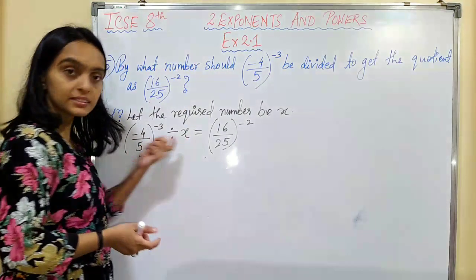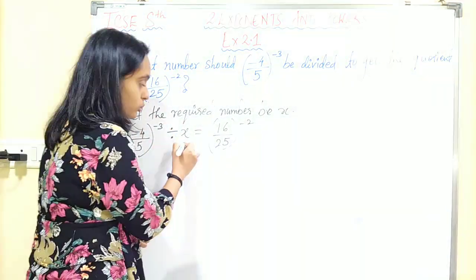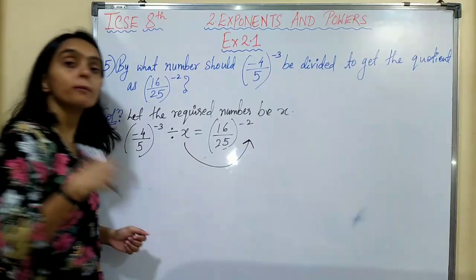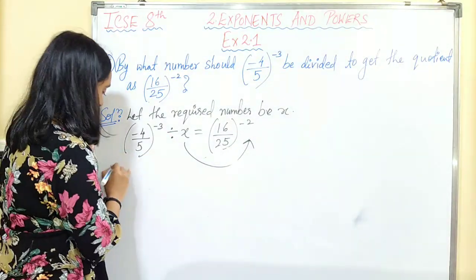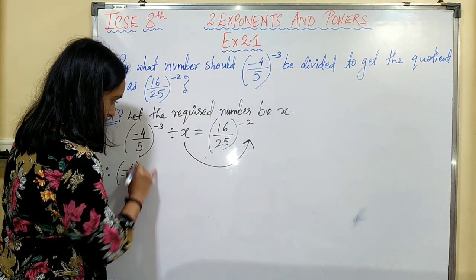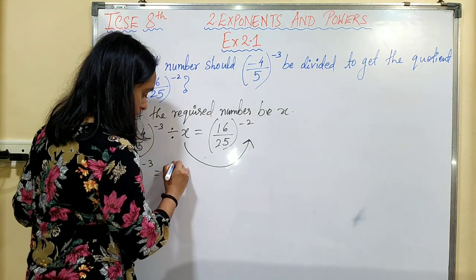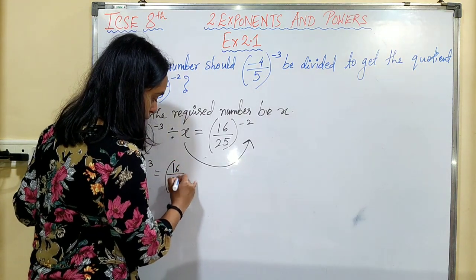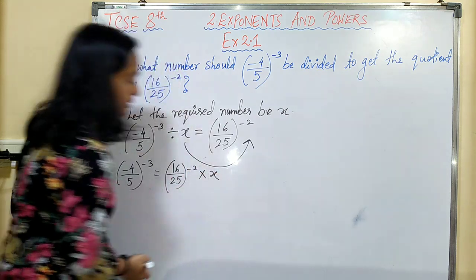Here x is dividing this rational number. So x will go there and get multiplied, as the opposite of division is multiplication. Therefore you will get minus 4 upon 5 raised to minus 3 equals 16 upon 25 raised to minus 2 multiplied by x.